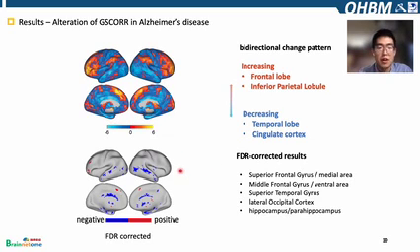After the FDR correction, the increased areas were mainly involved in the superior frontal gyrus and the middle frontal gyrus. The decreased areas were mainly involved in the superior temporal gyrus, lateral occipital cortex, and the hippocampus.